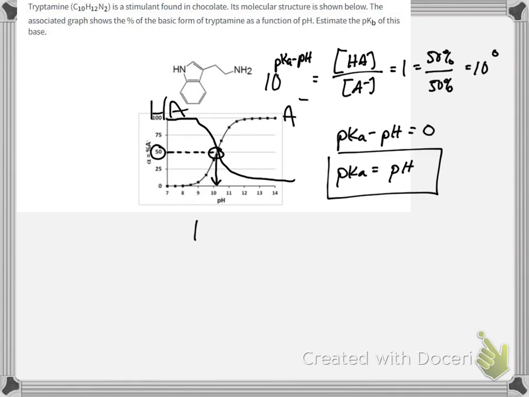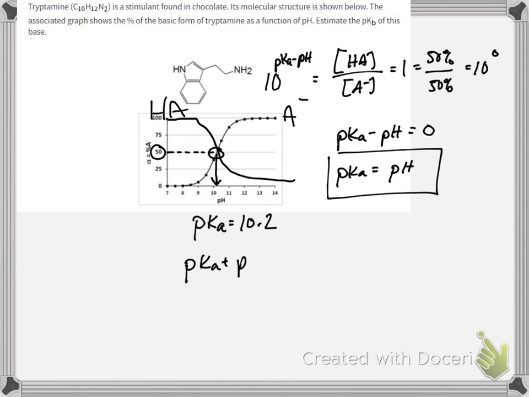It's going to help us pick buffers. This is the buffer zone. And when we look at a graph like this, all we have to do is search for the 50-50 mark and drop a line down. If it's pH, we know exactly what pKa is. So pKa here is about 10.2.